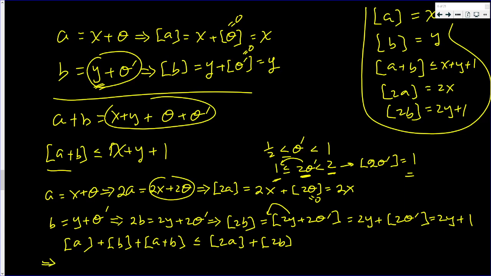That statement is true if and only if this statement is true. Well, that's x plus y plus x plus y plus 1 is less than or equal to 2x plus 2y plus 1.